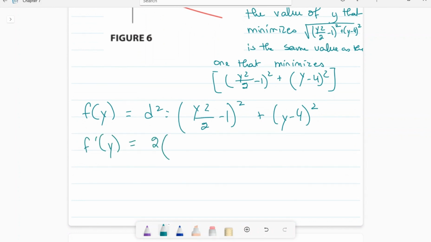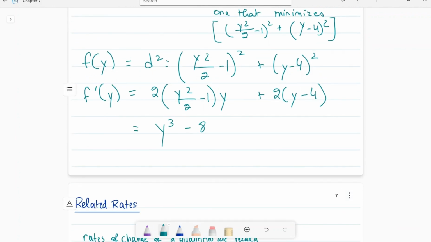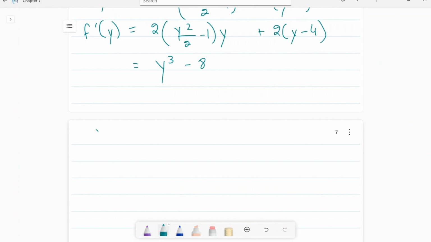Now, as we did before, we find the derivative. The derivative is 2 times (y squared over 2 minus 1), multiplied by y, plus 2 times (y minus 4). If I were to simplify it, it gives y cubed minus 8. And then we set the derivative to be 0.